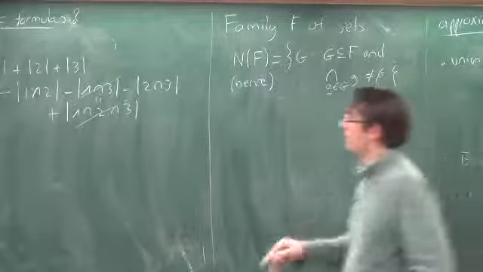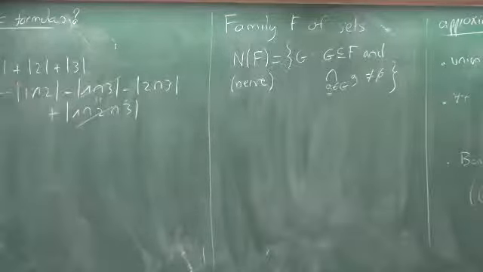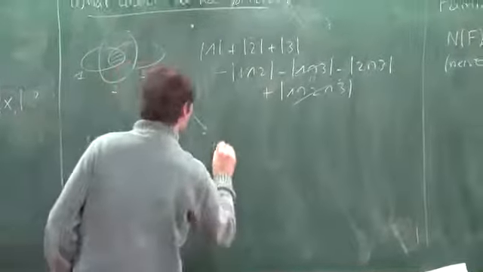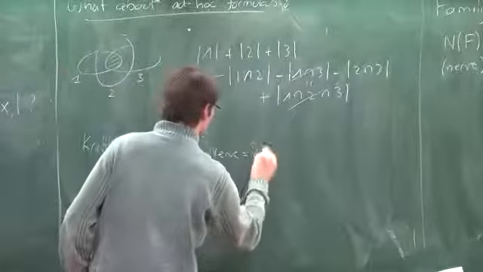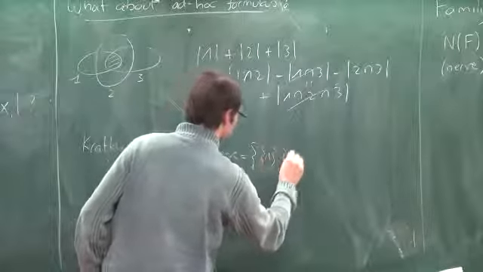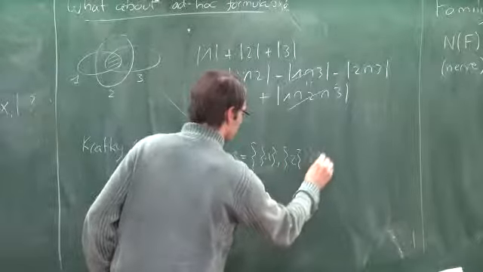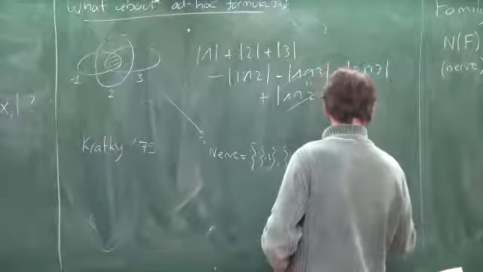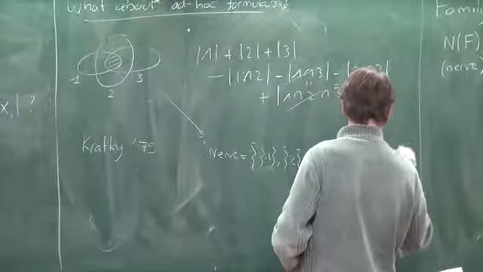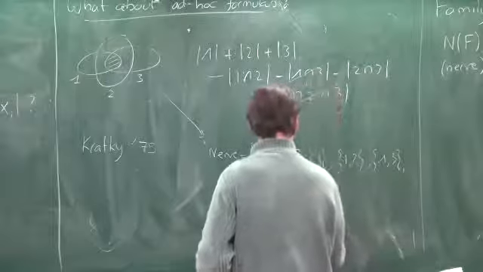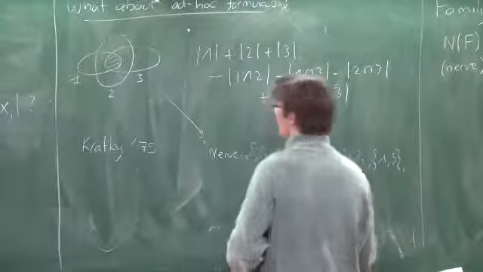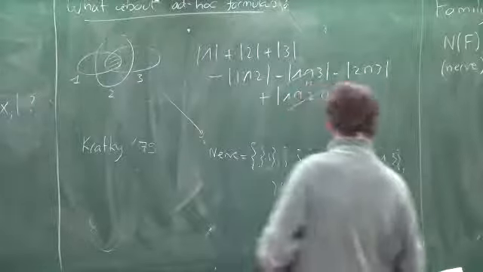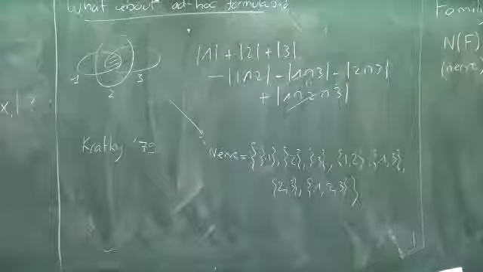So here the nerve would be, well, I have all the singletons, then I have all pairs, and then I have the triple 1, 2, 3. So it's just a collection of subsets.